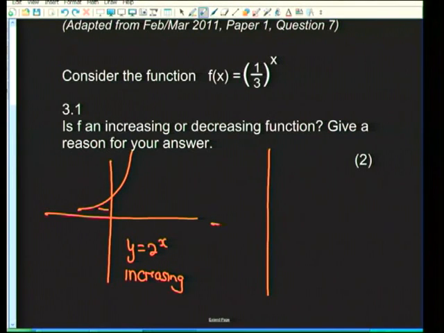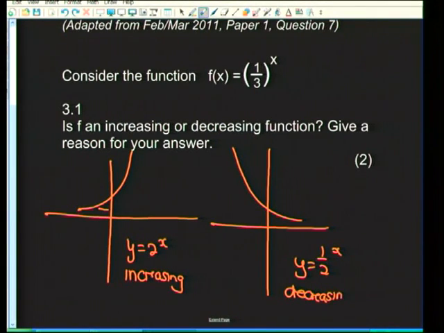However, if I drew y equals a half to the x, it would now look like that. So now, as my x's are getting bigger, my y's are getting smaller. Or another way of looking at it is the gradient is negative, so it is decreasing.